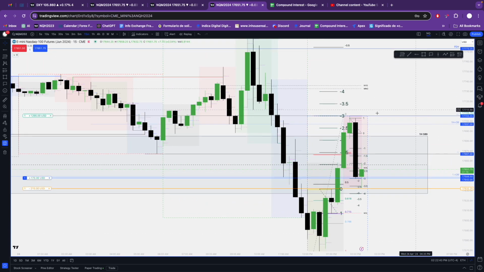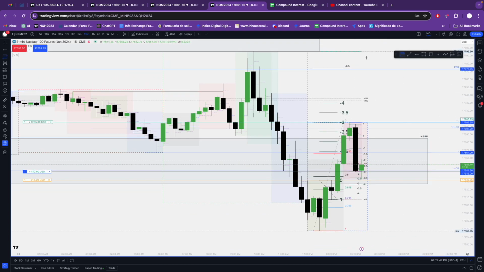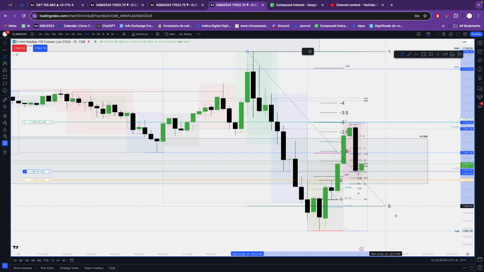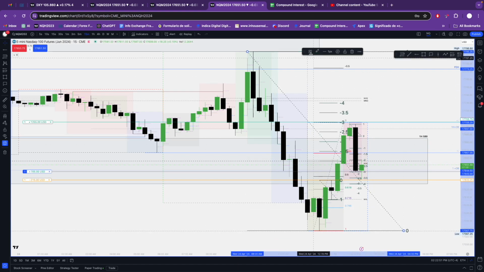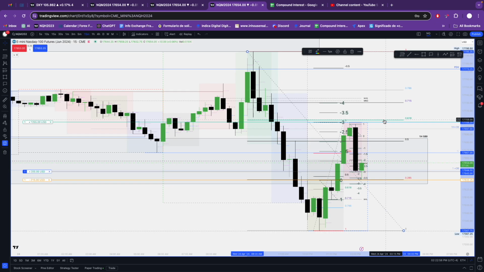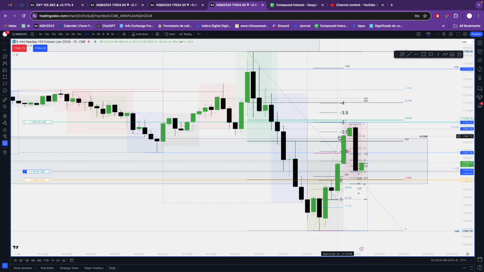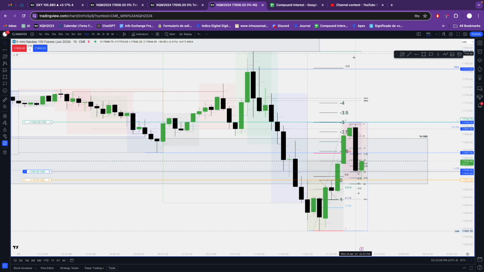Perfect with higher time frame LTE. Higher time frame LTE is this right here. Boom. So that's what we're dealing with. That's what we're in right now.